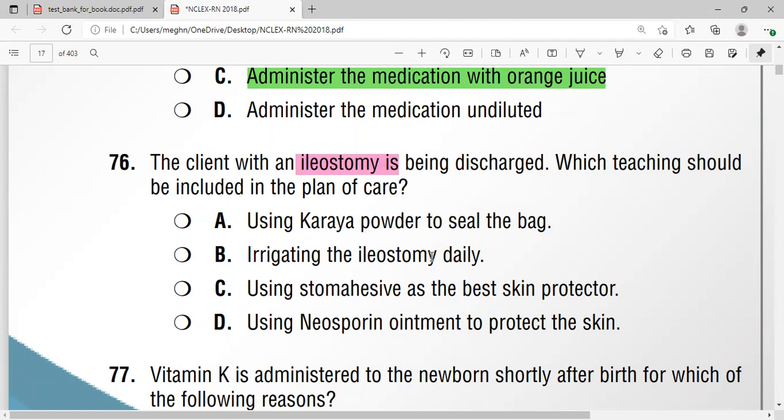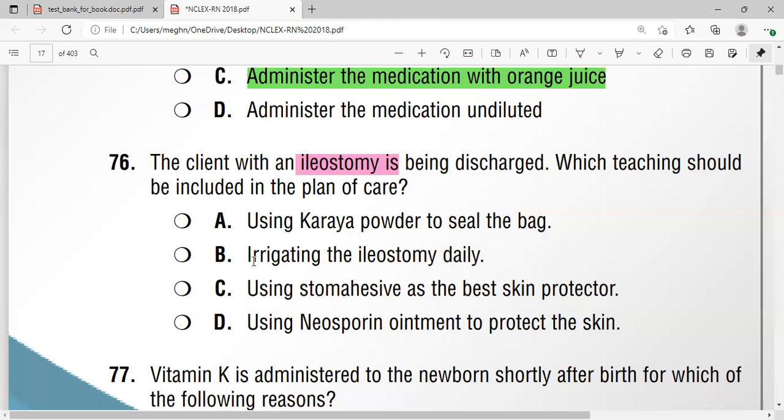B, irrigating the ileostomy daily. Number C, using the stoma adhesive as the best skin protector. Number D, using Neosporin ointment to protect the skin.